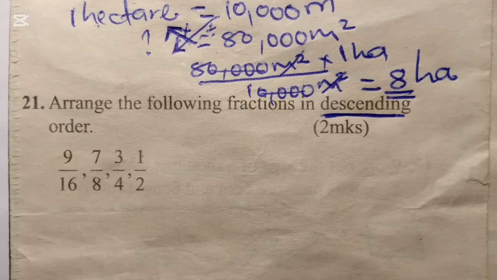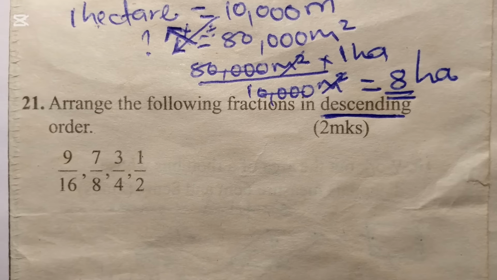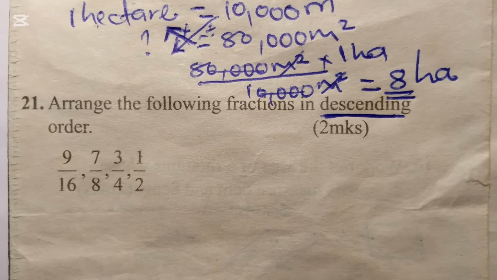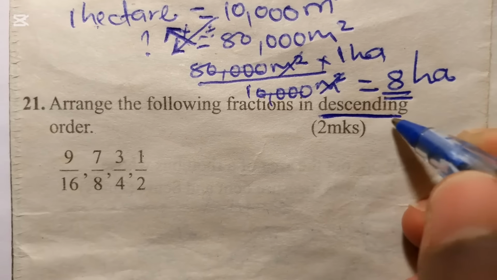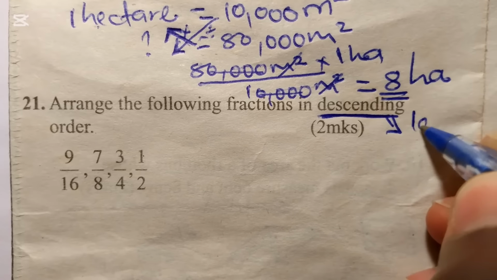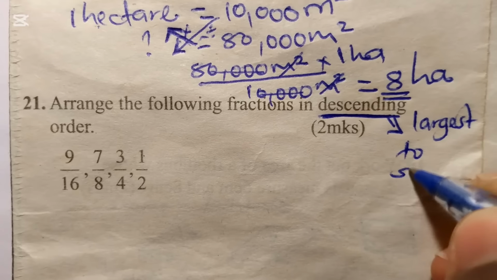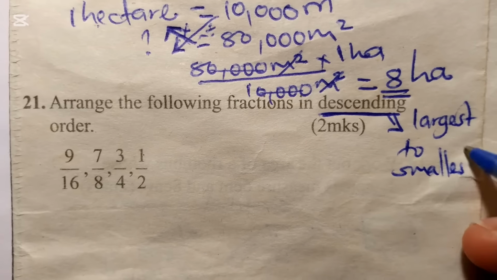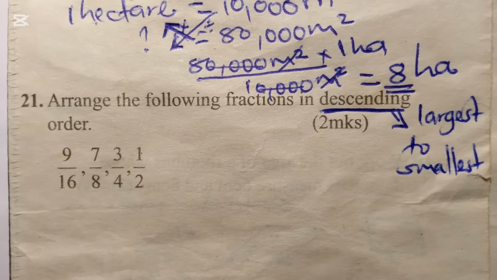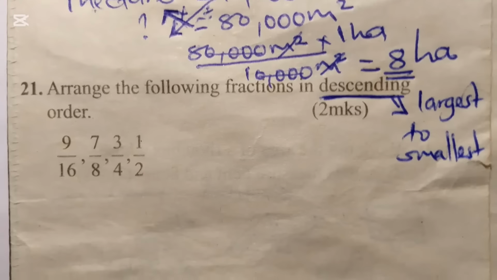So to descend means decreasing from largest to smallest. You can note down somewhere: largest to smallest. So you are supposed to arrange these fractions from the largest to smallest.